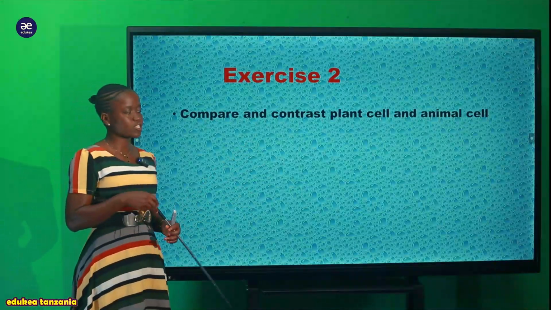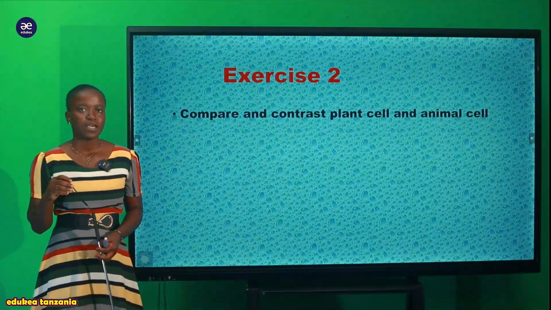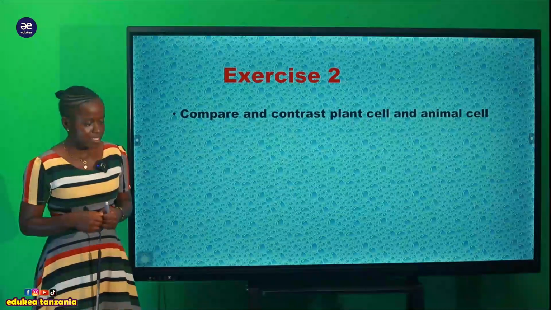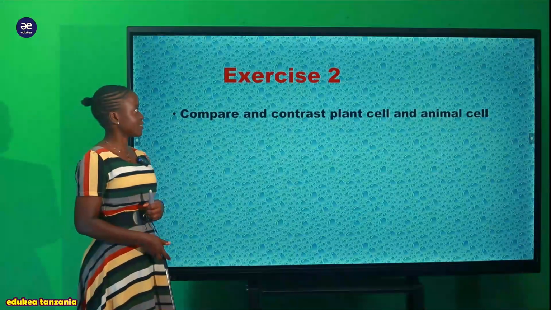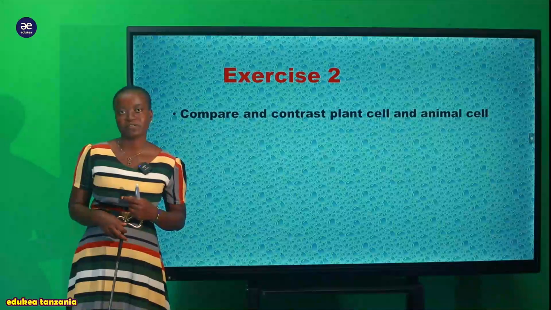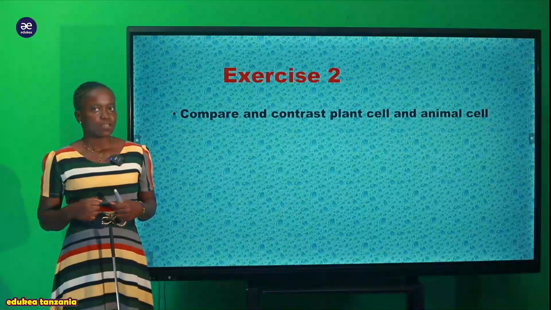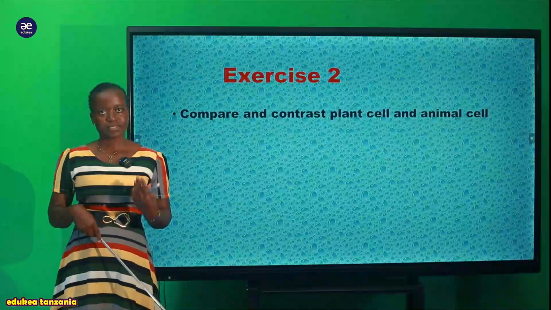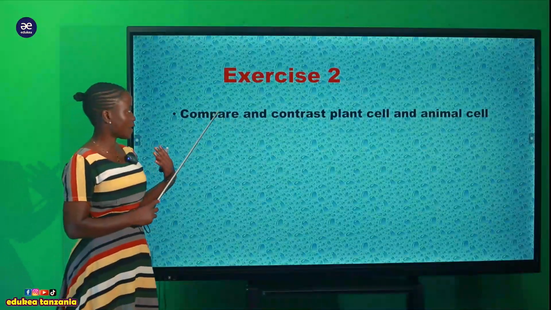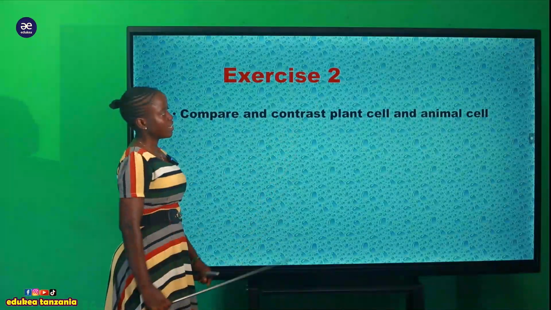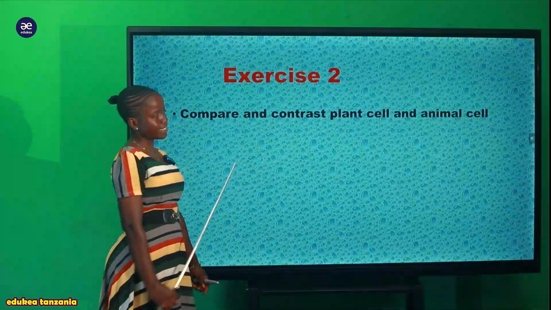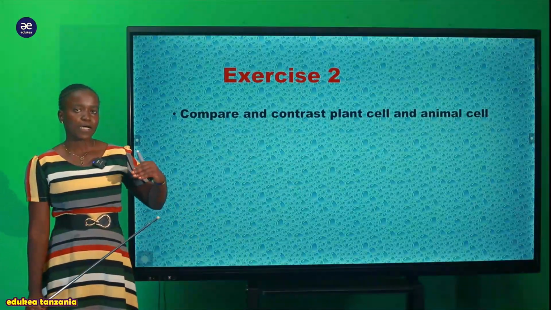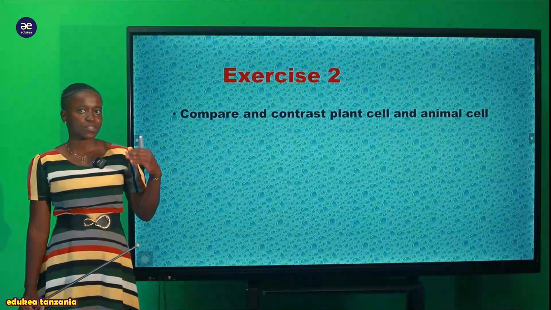So my student, that is the end of the animal cells. So your task now, my student, this becomes exercise 2. Make sure that you perform these questions. Hakikisha unafanya hili swali na rafiki yako, mna discuss: compare and contrast plant cells and animal cells, since we have already seen the structure of the plant cell and also the animal cell.